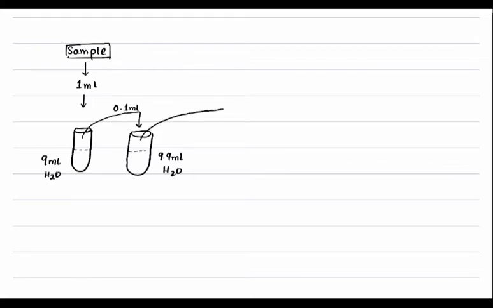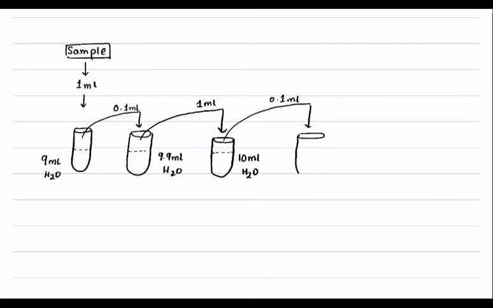Now you again take out 1 ml from this second dilution and you put it into 10 ml of water or double distilled water. Right. Now again you take out 0.1 ml and you put it into 9.9 ml of double distilled water.